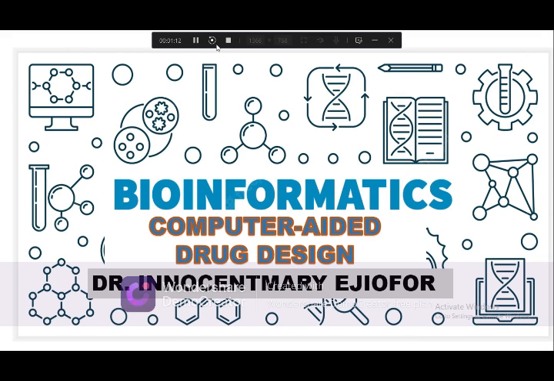As I said, this is not the only thing we can do with bioinformatics or chemoinformatics. There are so many things you can do with bioinformatics, but for the sake of computer-aided drug design, we're going to need bioinformatics and chemoinformatics.